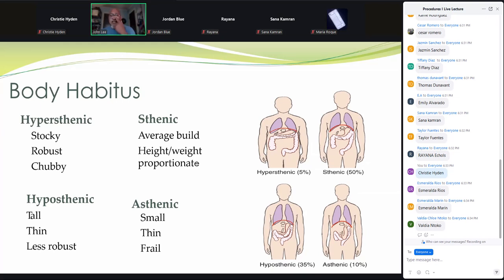There'll be another set of slides that go a little more into the layout. We'll see these body habitus again when we get into contrast studies and the special procedures in the Procedures 2 lecture.